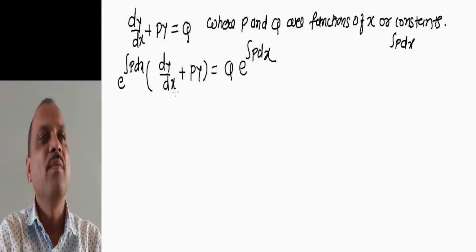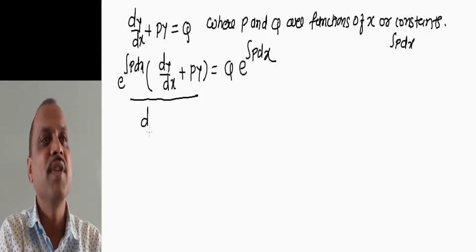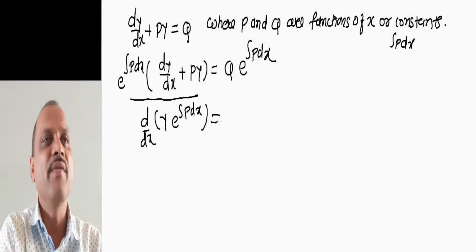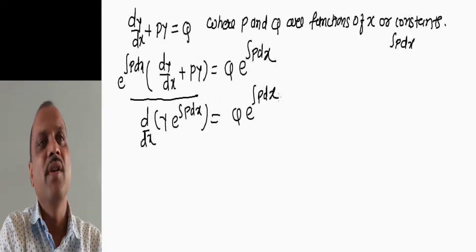But what is this? This is the derivative, as we have seen, of y into e raised to integration of p into dx. Just now we have evaluated this. So this is d by dx of y into e raised to integration of p into dx, equal to q into e raised to integration of p into dx.